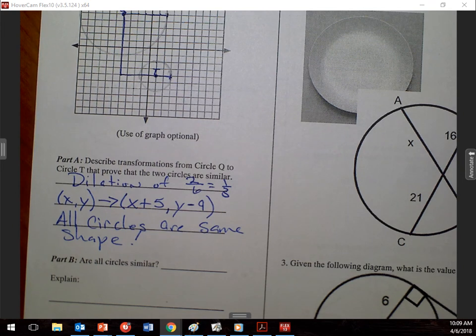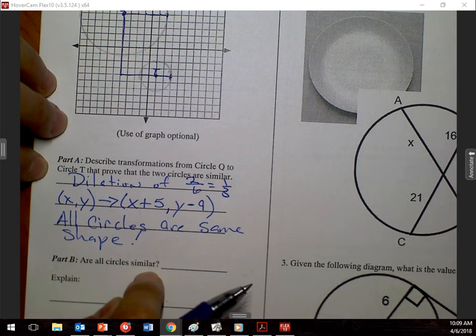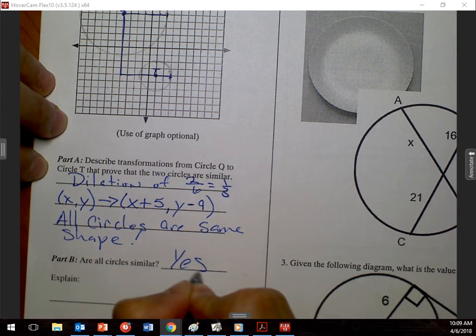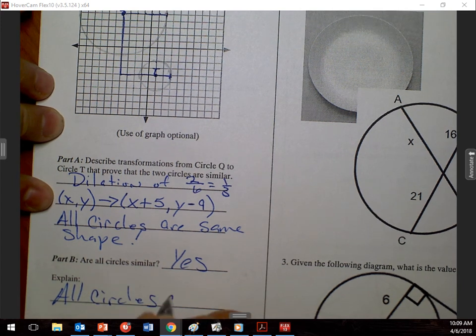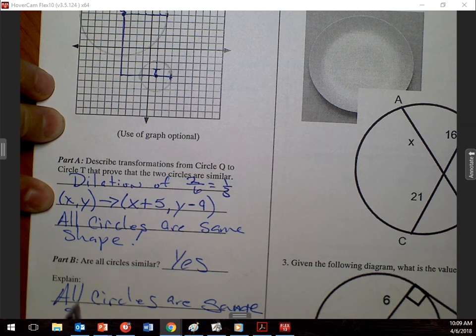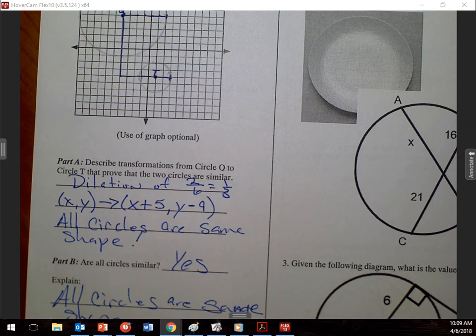They're just different sizes. Okay? Are all circles similar? Yes. All circles are the same shape.